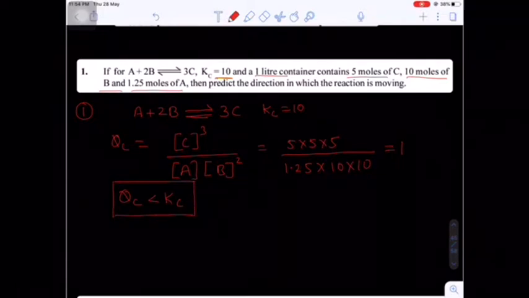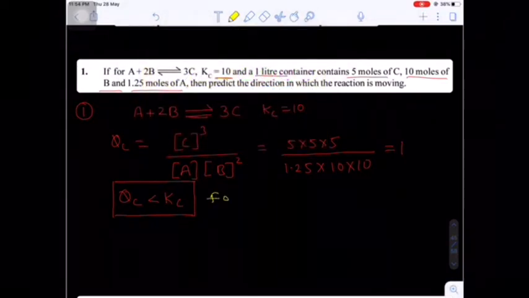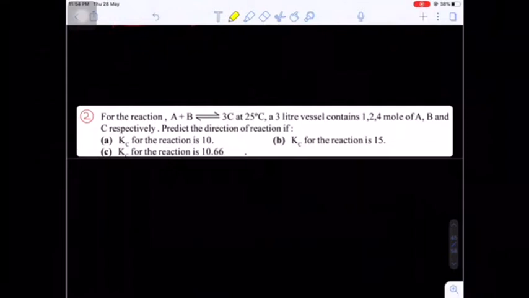The reaction proceeds in which direction? Forward direction, because Kc value is very high. When the Kc value is very high, the reaction tends to move in forward direction. The direction of the system is very important. Forward direction. Okay. Now come to question number 2.